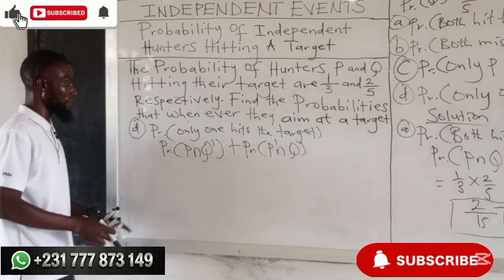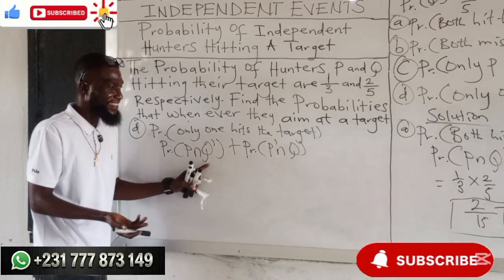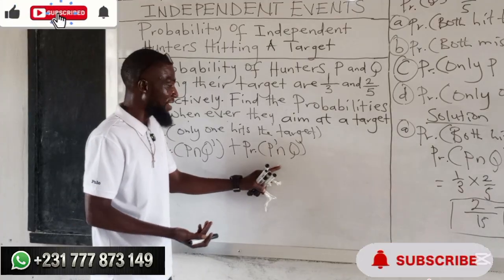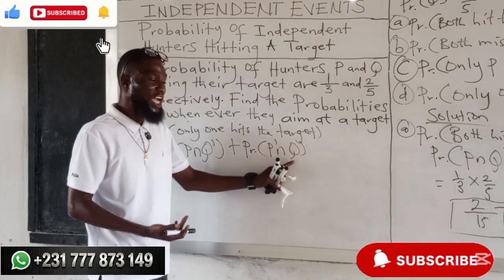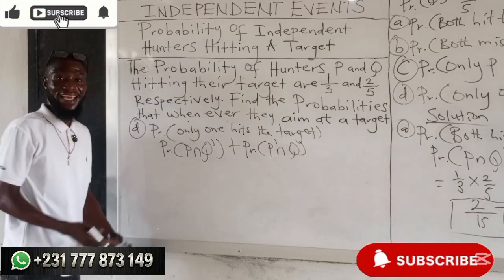But remember, on this side, P hits the target while Q misses the target. At the same time, on this side, P misses the target while Q hits the target, because we don't know which one hits the target.